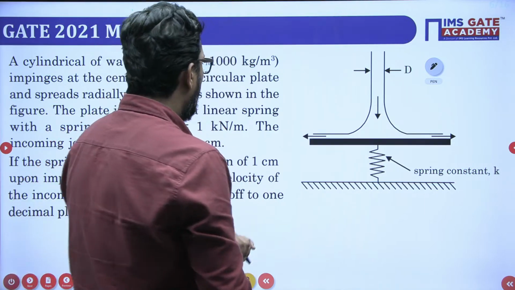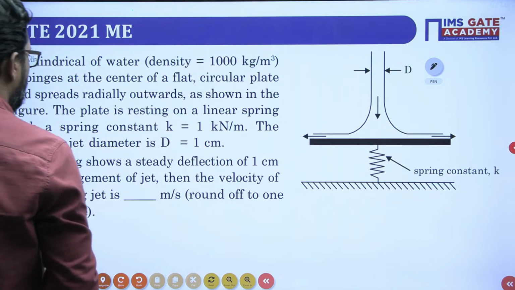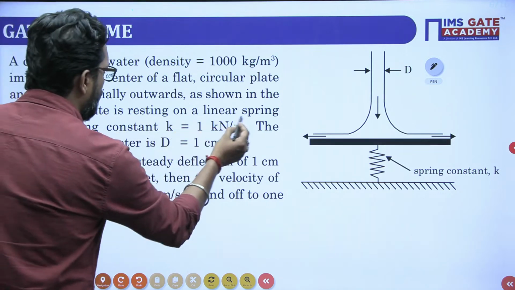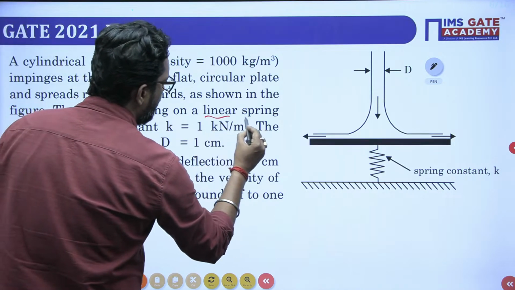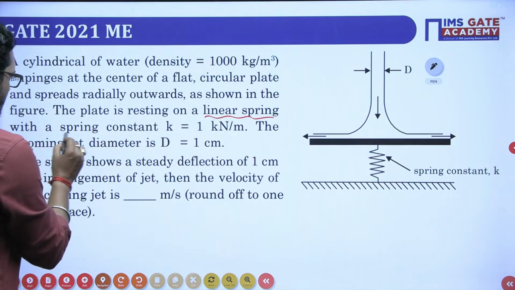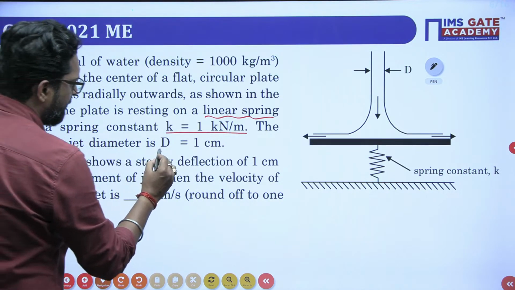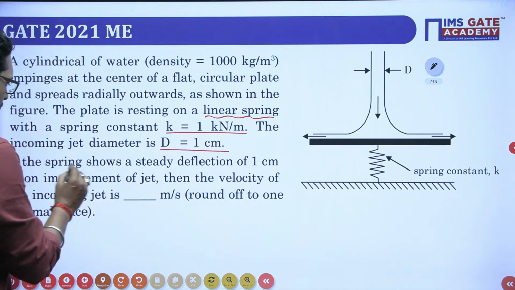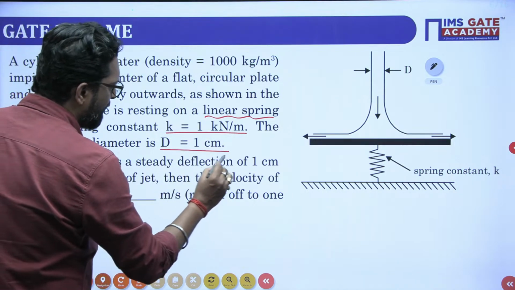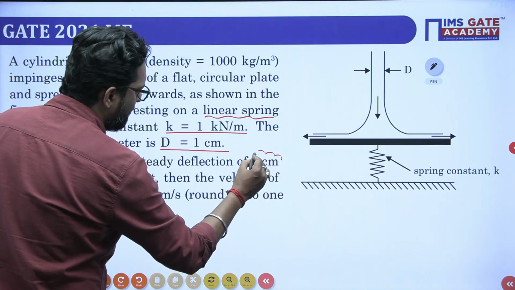The plate rests on a linear spring with a given spring constant, and the incoming jet diameter is given. The spring shows a steady deflection while the jet strikes the plate.